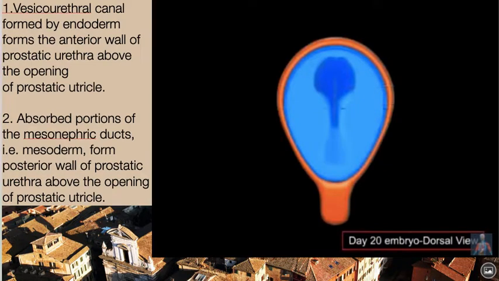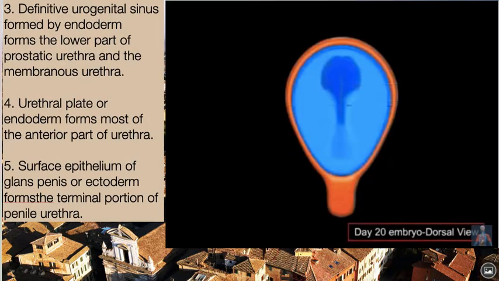Now, the vesico-urethral canal that was formed by the endoderm forms the anterior wall of the prostatic urethra above the opening of the prostatic utricle, and absorbed portions of the mesonephric ducts, that is mesoderm, form the posterior wall of the prostatic urethra above the opening of the prostatic utricle.